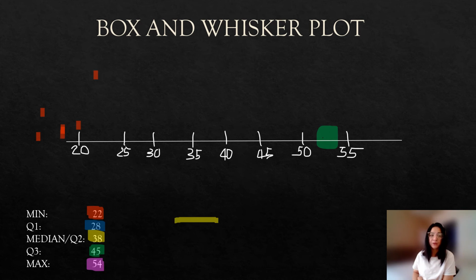Our minimum, which is 22, would go over here. That would be a dot. And next to plot is our maximum, which is 54, which goes over here. So now let's go into Q1. Q1, you would have to plot it using the first bar.